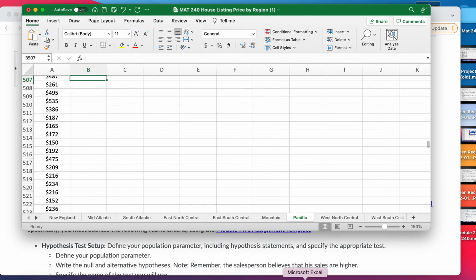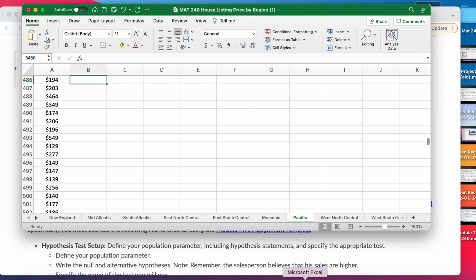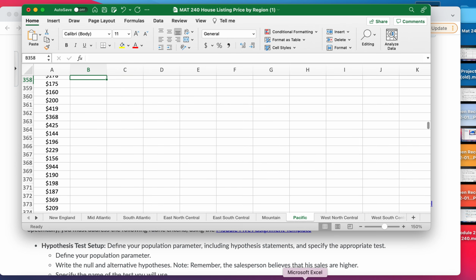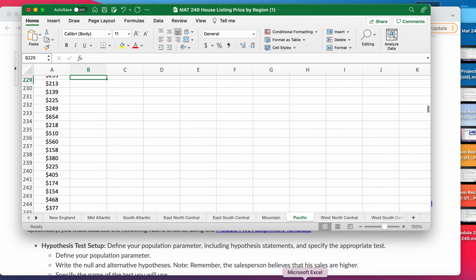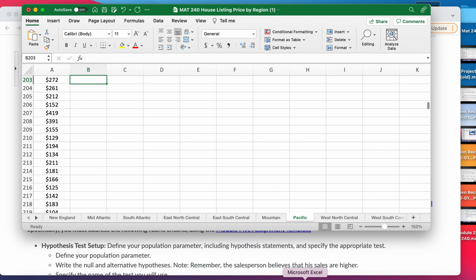Let's go back to Excel. The claim that we want to test needs to be in our HA, which is our alternate hypothesis. The alternate hypothesis always has less than, greater than, or not equal.